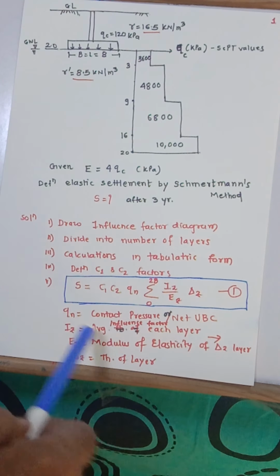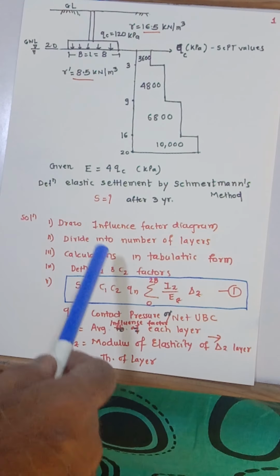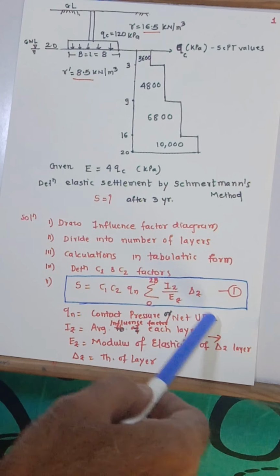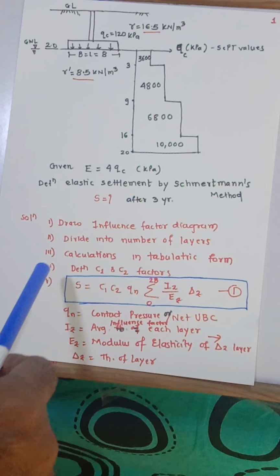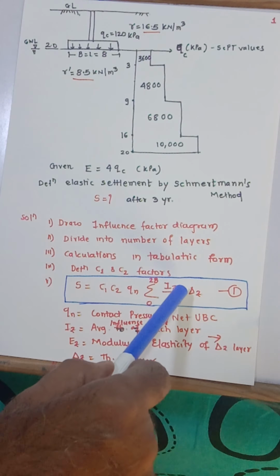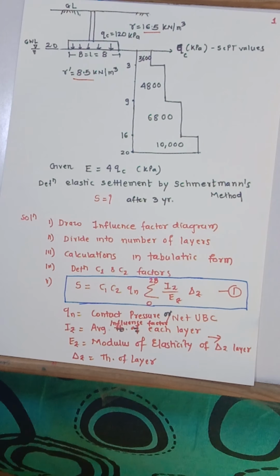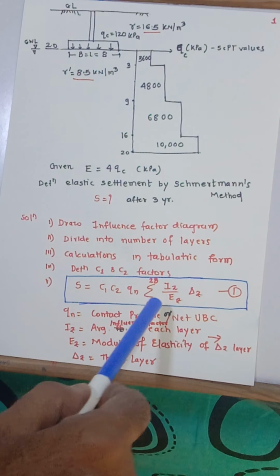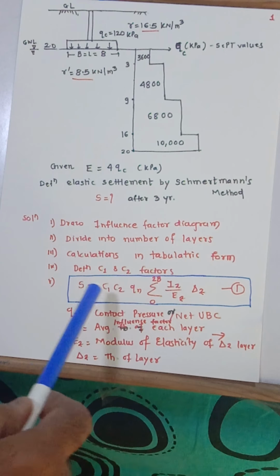Now how to work this out, we can separate it into different steps. First we draw the influence factor diagram, for finding this Iz, its values for each layer and a maximum value.